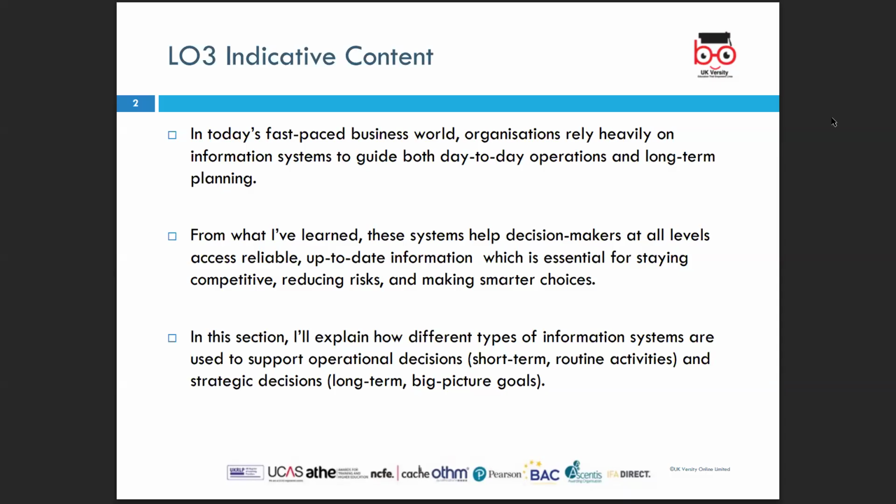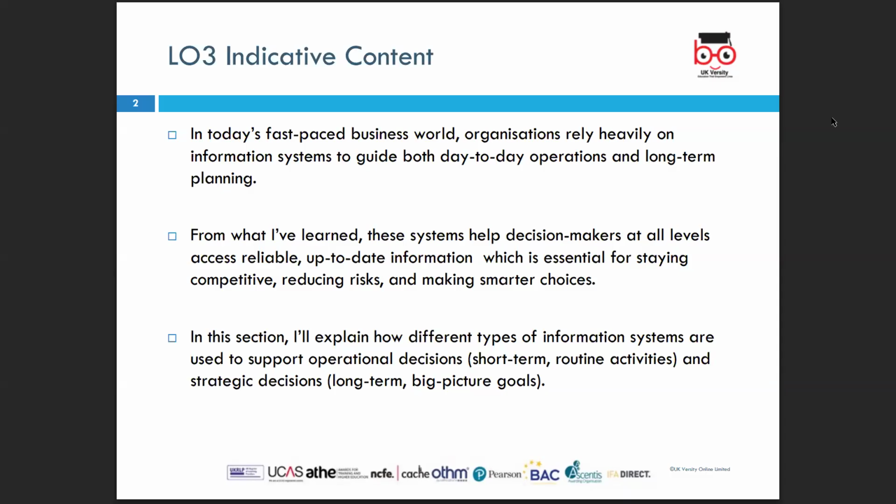From what we've covered so far, these systems are mainly focusing on helping us with decision making at all levels: access to reliable, up-to-date information, which is essential for staying competitive, reducing risks, and making smart choices.